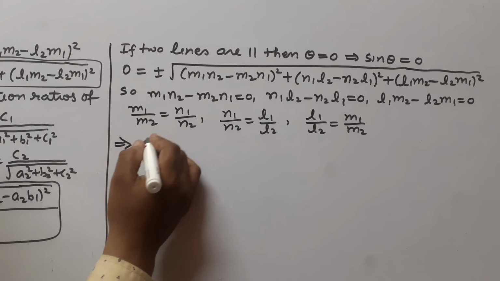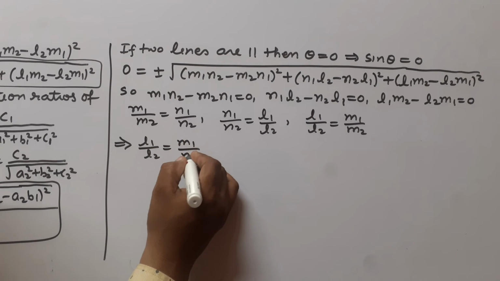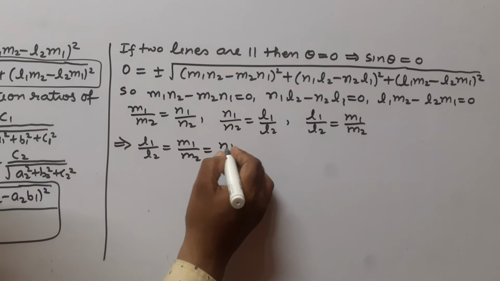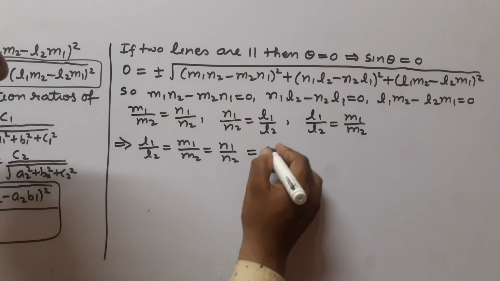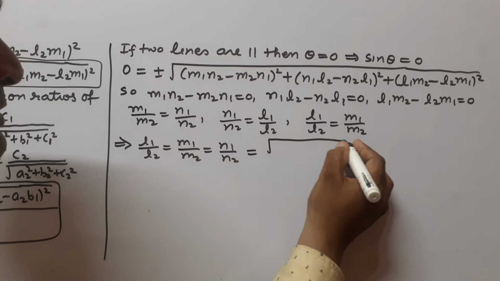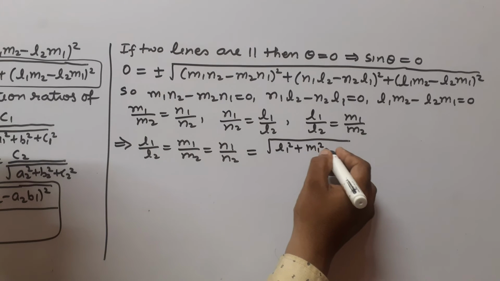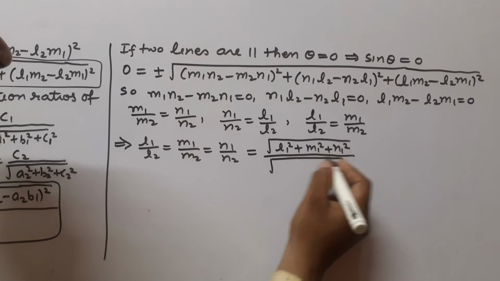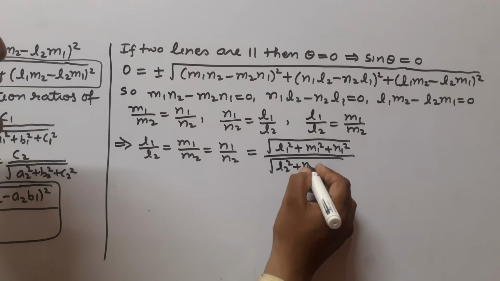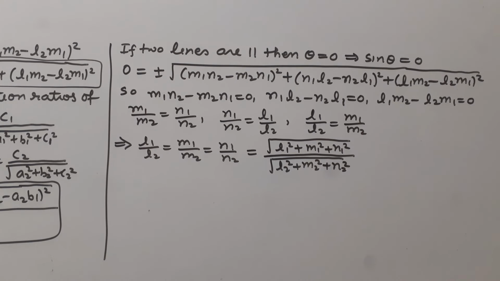So from the above we can write L1 upon L2 is equal to M1 upon M2 is equal to N1 upon N2. So by the property of ratio and proportion, we can write here L1 square plus M1 square plus N1 square divided by under root L2 square plus M2 square plus N2 square. This is the property of ratio and proportion.